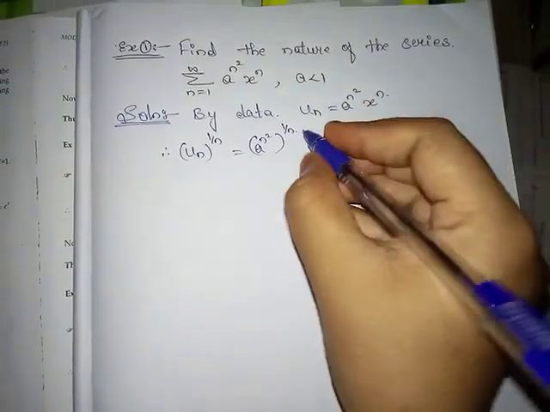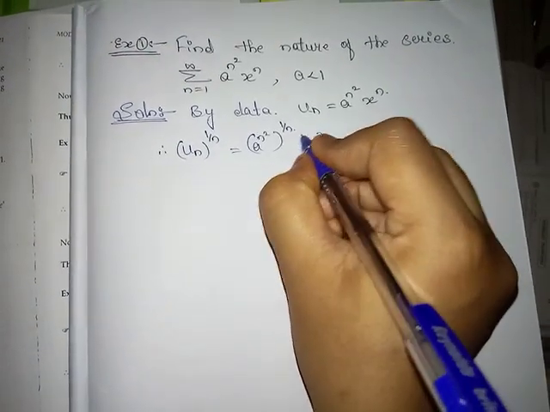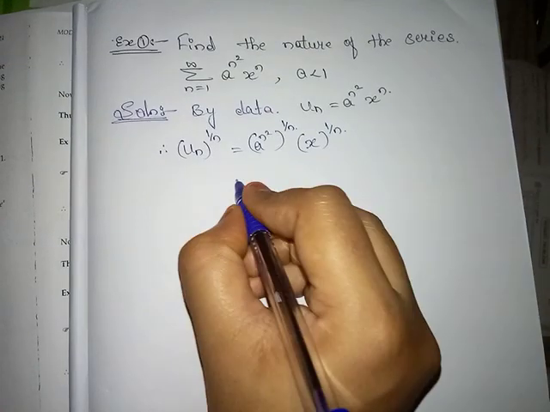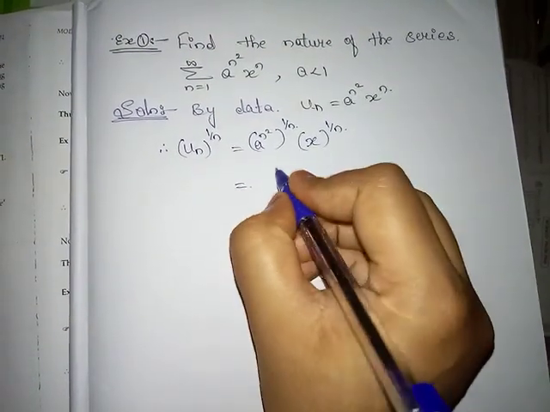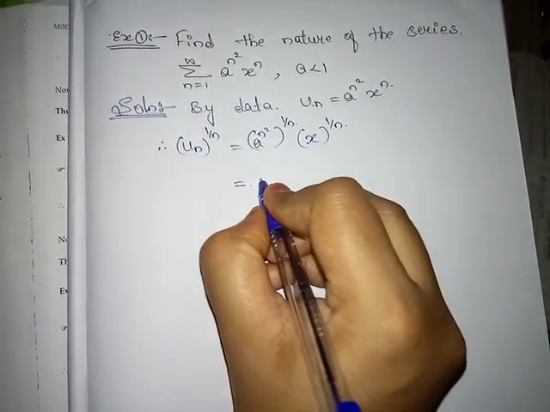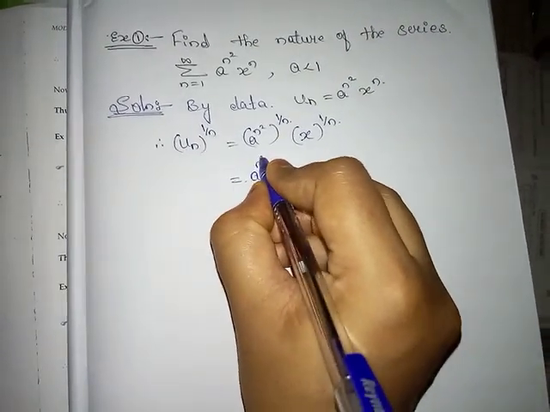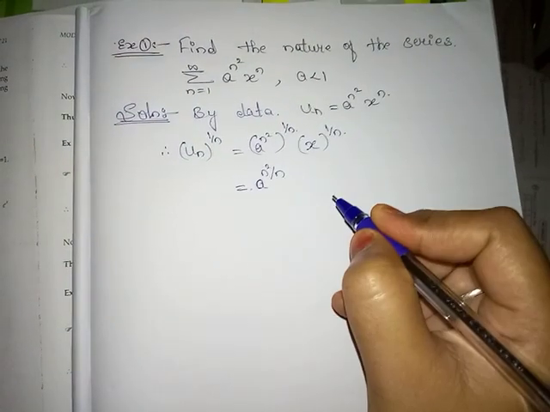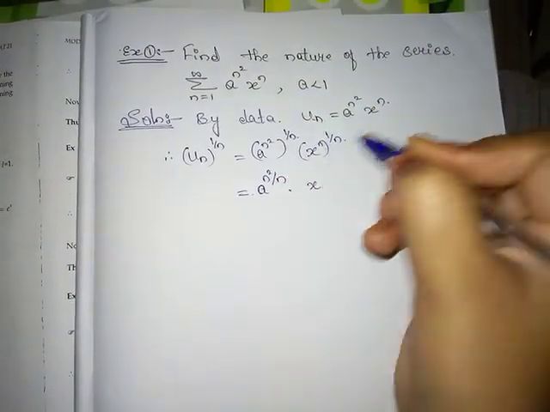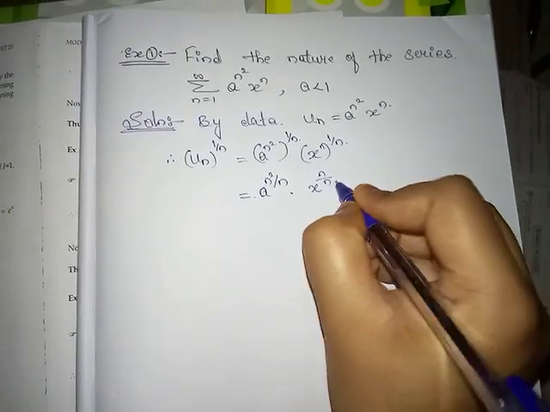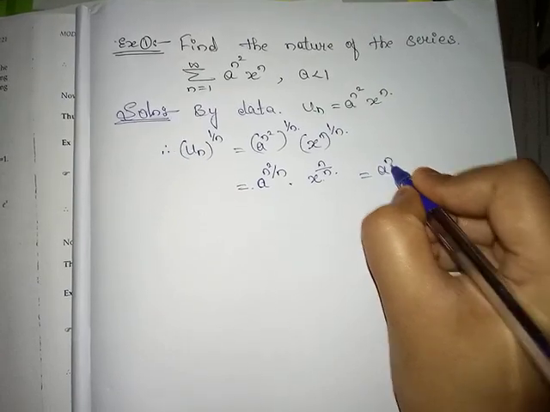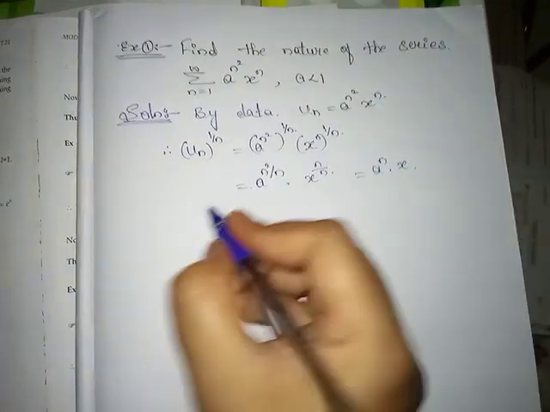We can write separately here x raised to 1 by n, which is equal to n square divided by n. Clearly, n square divided by n into x raised to n divided by n, which is equal to a raised to n into x.